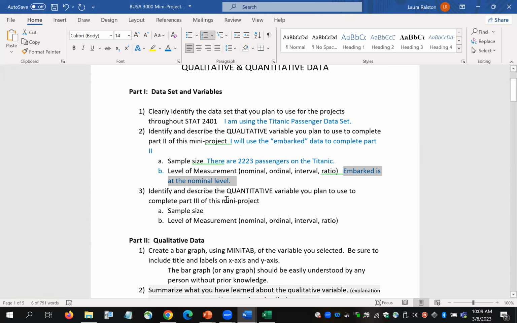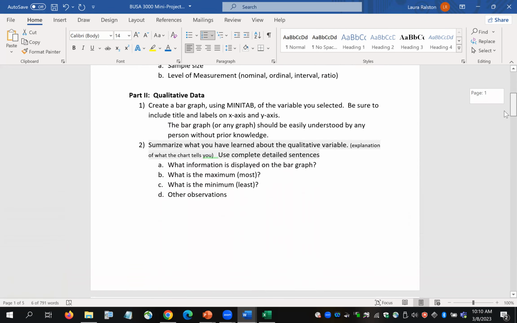Then you're going to do the same thing for a quantitative variable, but we haven't got to quantitative yet. So you have to identify the data set, identify the variable you're going to use that's qualitative, and then I'm going to skip down to part 2. In part 2, you have to create a bar graph using Minitab.